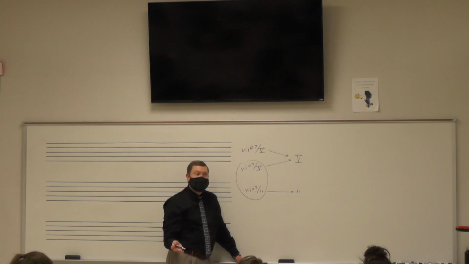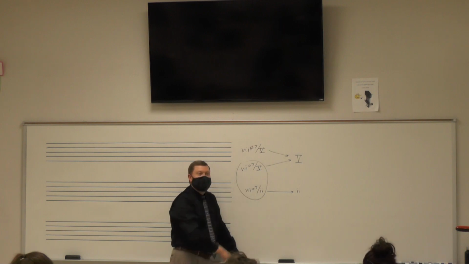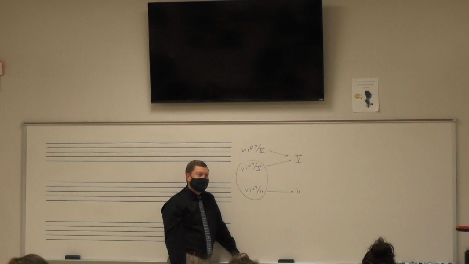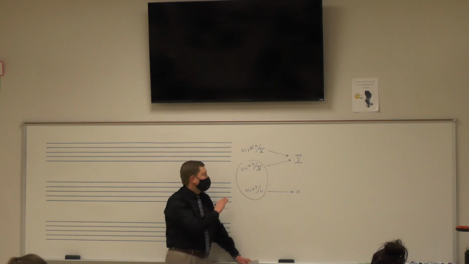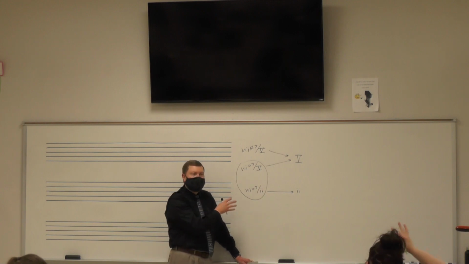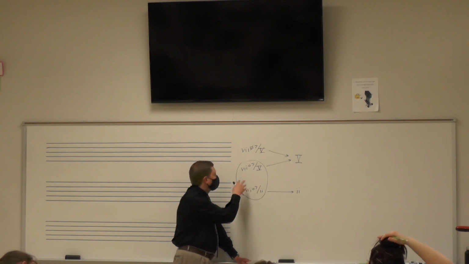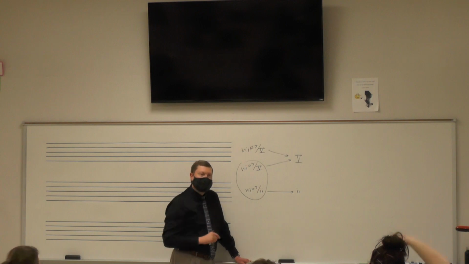So if you're ever in doubt and you don't remember which one to use and which one you can't, just use vii fully diminished 7 and it's good. Okay. And I don't know if I need to go into any more detail on that. Does anyone have any questions about that? I don't want to make a huge point about that because it's really not that big of a point. The bigger point is going to be learning how to spell and analyze and recognize these chords.